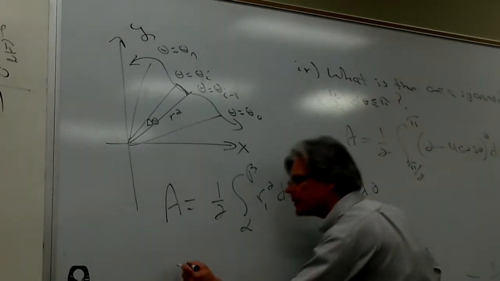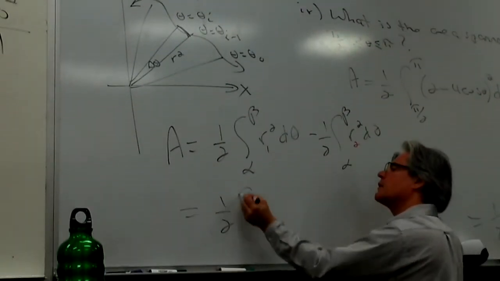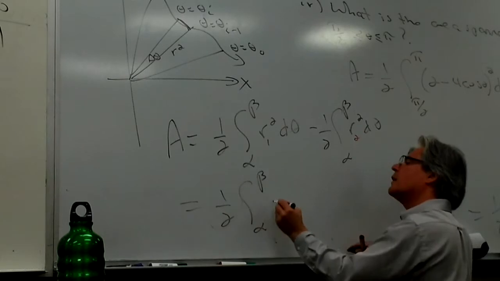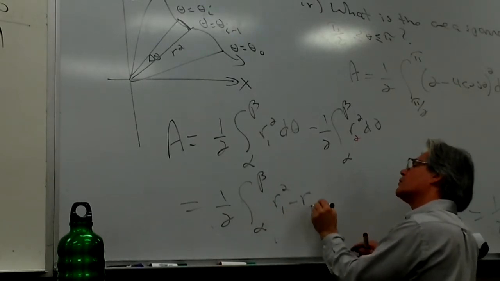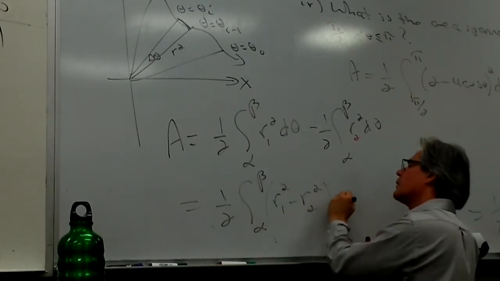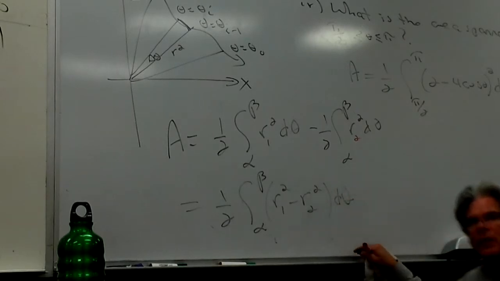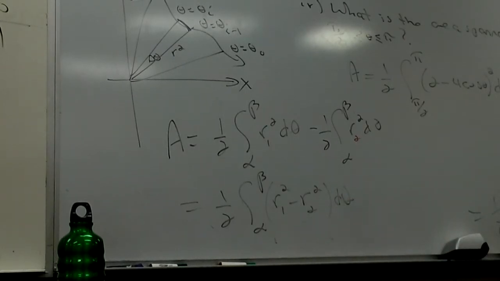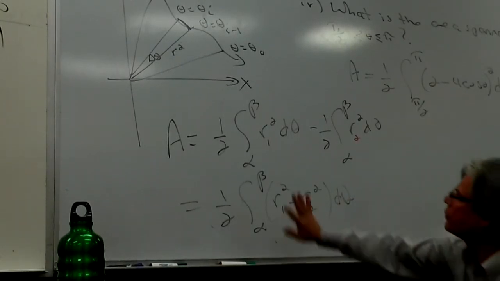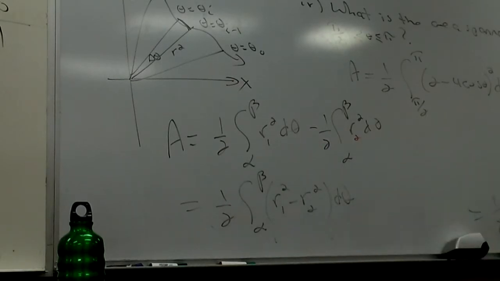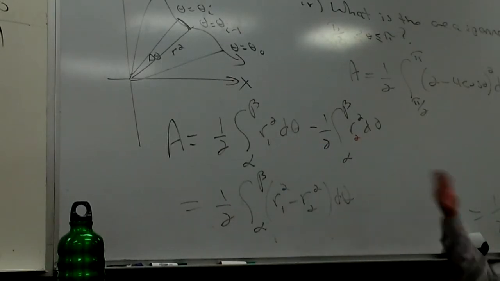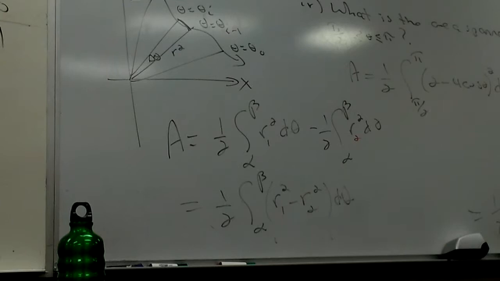Doesn't this simply look like 1/2 the integral from alpha to beta of r1 squared minus r2 squared, and we integrate with respect to theta? You don't have to listen to me. You could have just computed this one integral, computed that one, looked at the difference, and you get the same thing. I'm just conveniently writing it as a single integral because my bounds are the same.